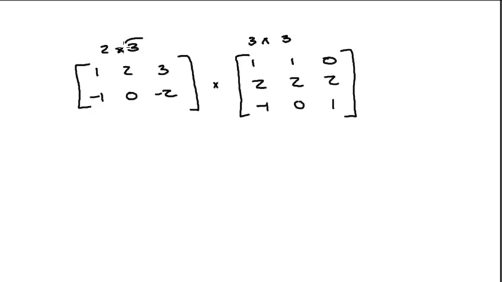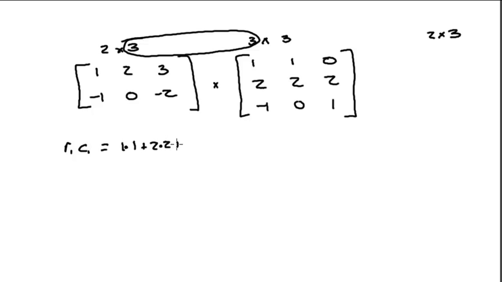I can do so because these two numbers are the same, and my answer will be a matrix of dimensions 2 by 3. Now when I multiply a matrix, I multiply a row times a column. So first row, first column. So row 1, column 1 will be 1 times 1 plus 2 times 2 plus 3 times negative 1.